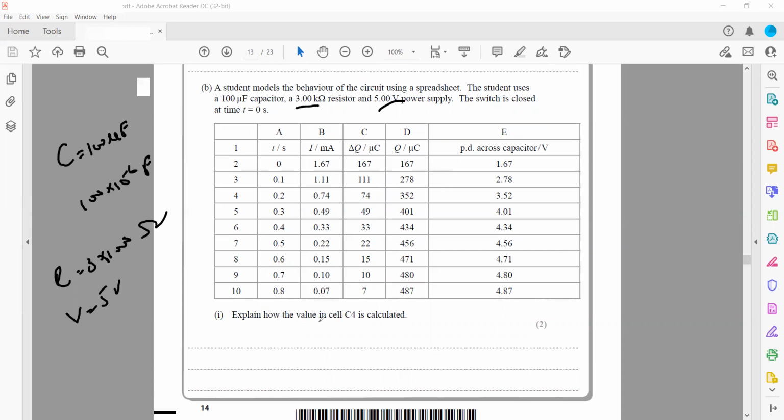So the next part, explain how cell C4 is calculated. So how is this cell C4 calculated, because this is a charge stored, or change in the charge.